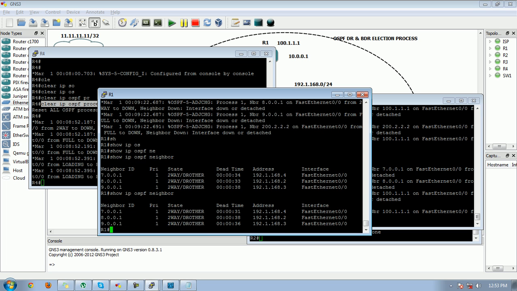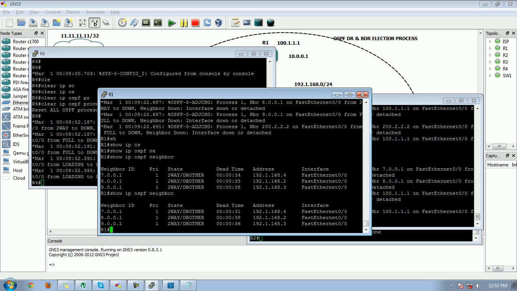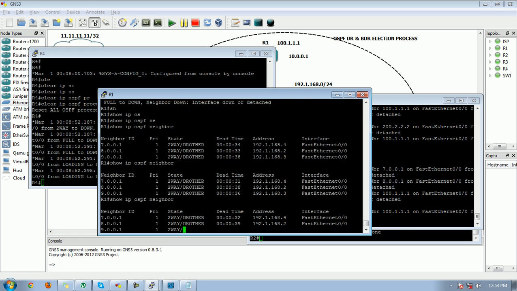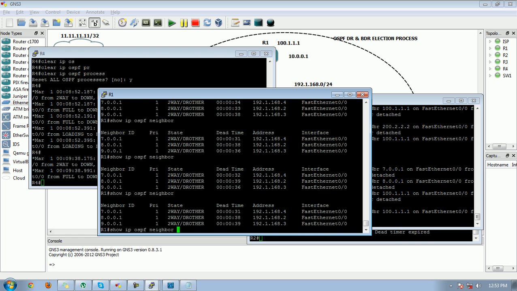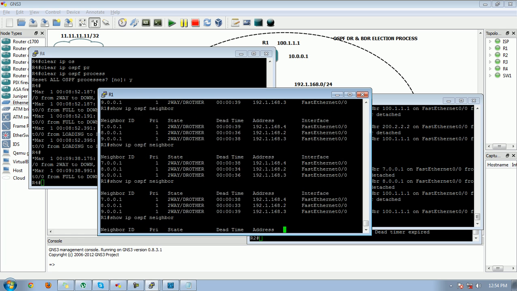Let's check. See, the neighbor ID is changed. The router ID command has changed the previous router ID. Now, who will be my DR? Sorry, BDR, 9.0.0.1 address.